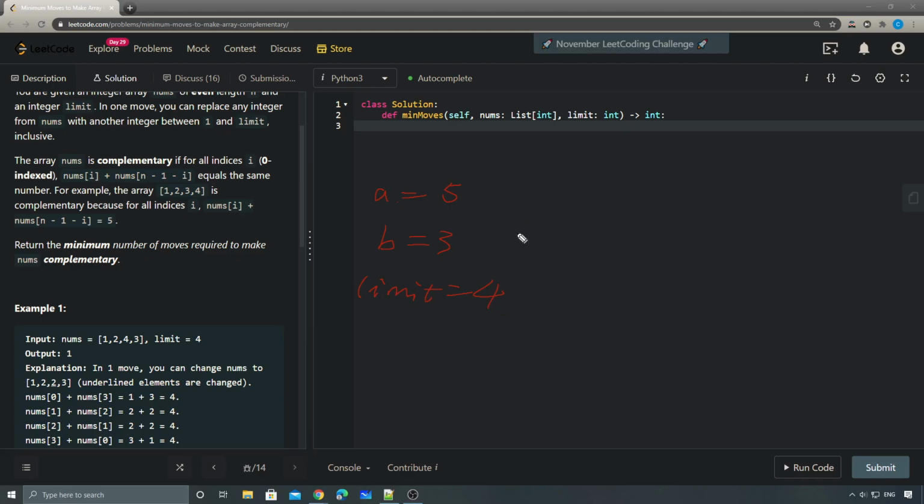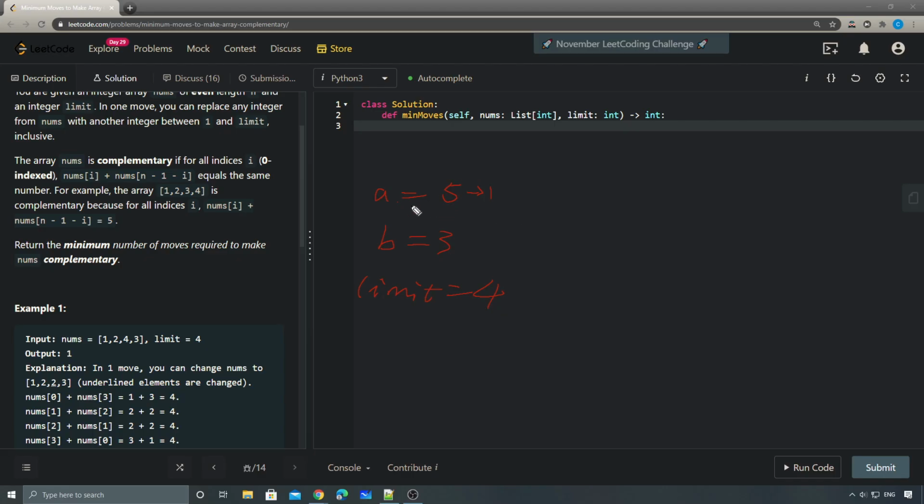Okay. So for this case, what's going to be the smallest sum that we can make with one move? Basically we pick which one is bigger, and then we change this one to 1, right?